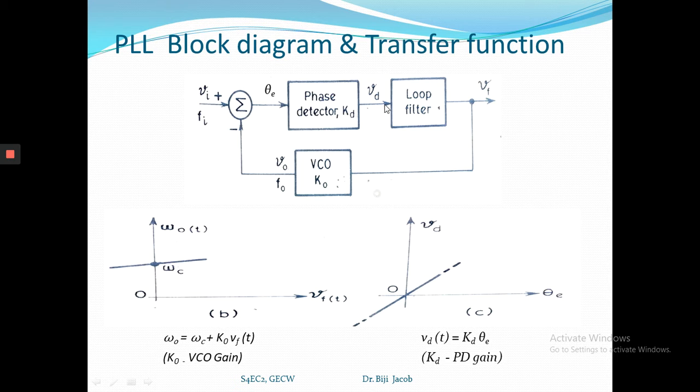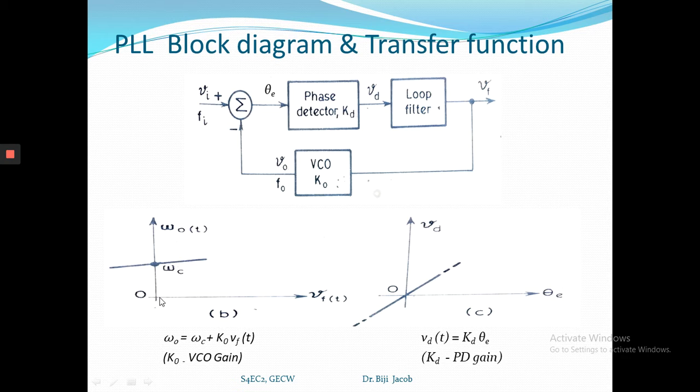Then that error voltage, the difference voltage, is filtered using a low pass filter and fed back as the control signal to the VCO. This is the transfer curve of your VCO. The VCO has a sensitivity K0. Sensitivity of the VCO means the change in output frequency for a unit change in the controlling voltage, that is, angular frequency per 1 volt.